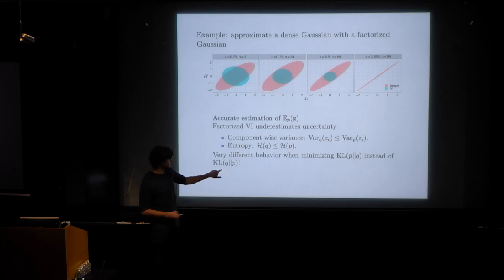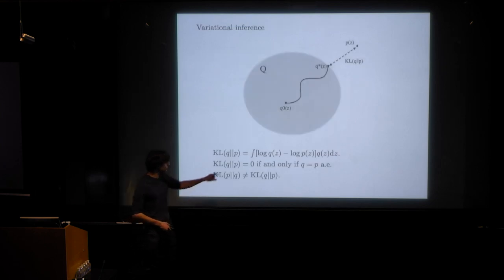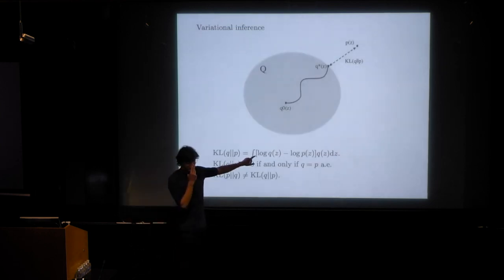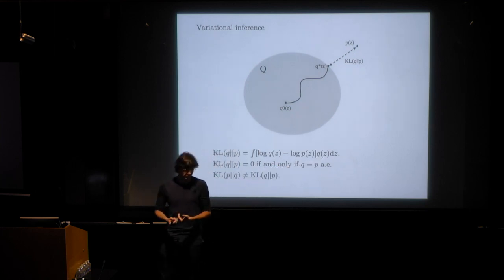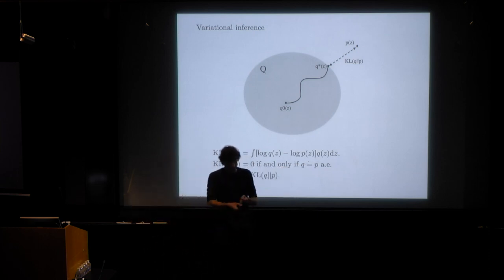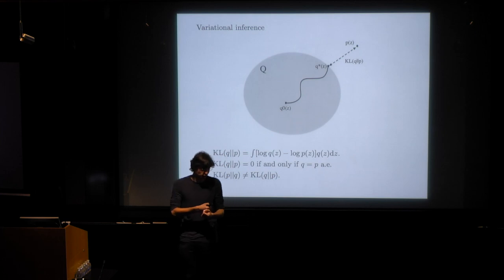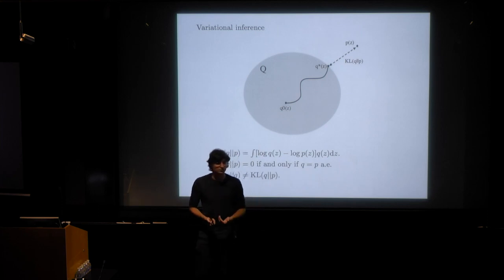And the reason why this is easier to do is because if I go back to this definition, really what I'm computing is an expectation value with respect to my approximating distribution. So what I'm going to do is construct a Monte Carlo estimator by drawing samples from this distribution. If I compute the KL divergence in the other direction, I'm computing an expectation value with respect to my target distribution, and I don't have a cheap way to draw samples from my target distribution.